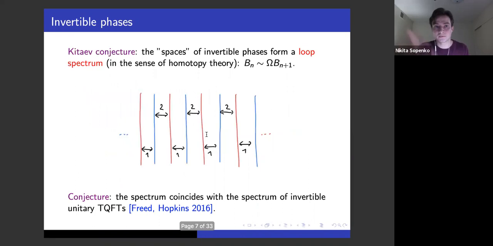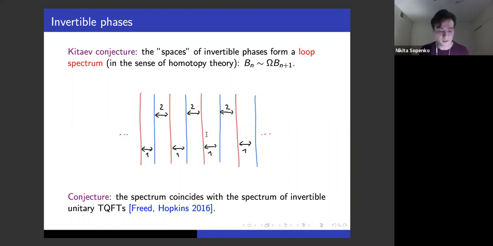But first, let me describe some additional structure on these invertible states that was conjectured by Kitaev. It's a nice structure: we expect that the space of such states forms a loop spectrum, that the space of such states in n dimensions is homotopy equivalent to the space of loops in the space of states in higher dimensions.